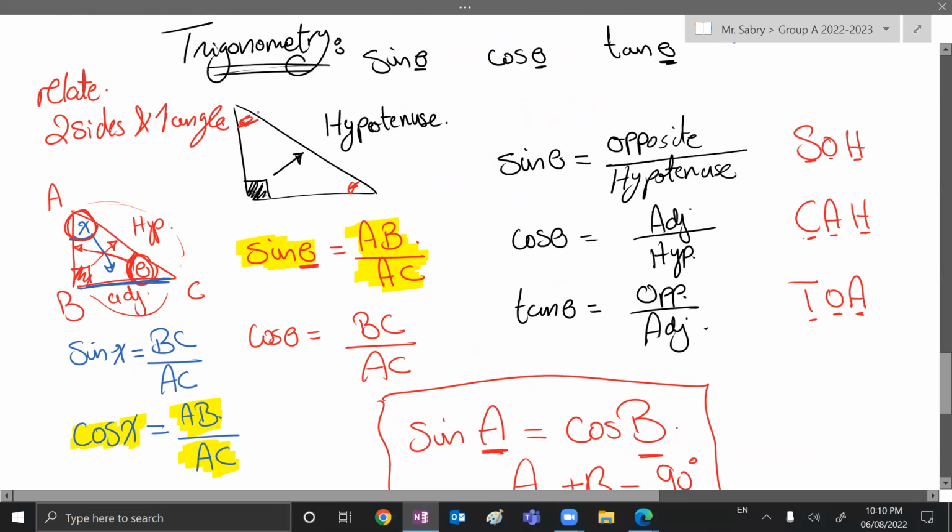Because if the first one is 30, the other one would be 90 minus 30. So if the first one is A, the other one would be 90 minus A as well.